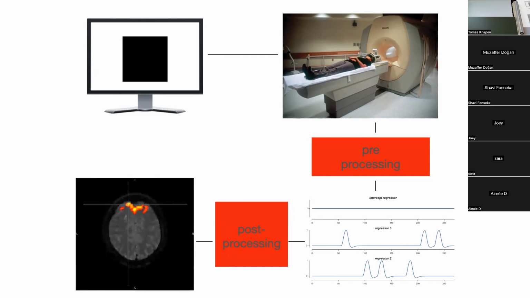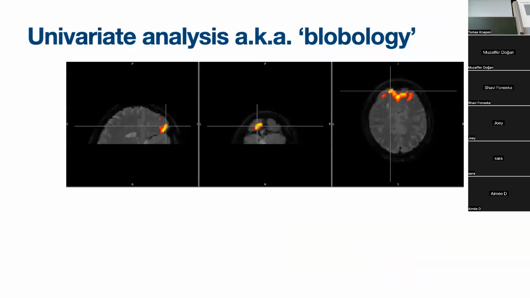And then you end up with a beautiful blob somewhere in the head. And this is what people call mass univariate or just univariate analysis of fMRI data. So you're doing, in principle, exactly the same analysis across all of the voxels in the brain.